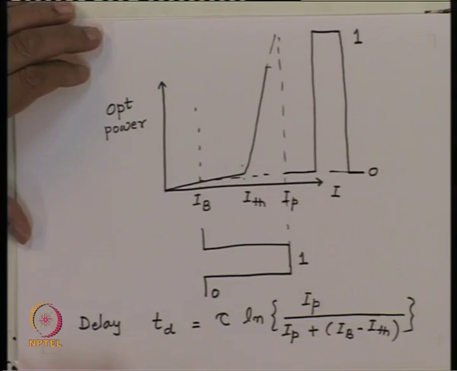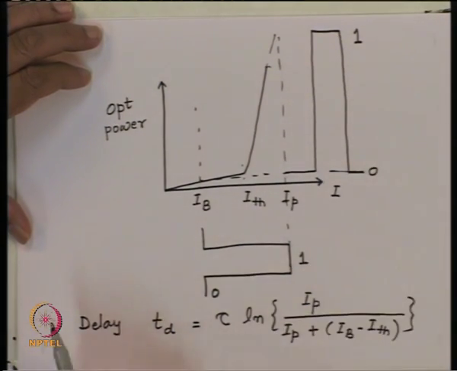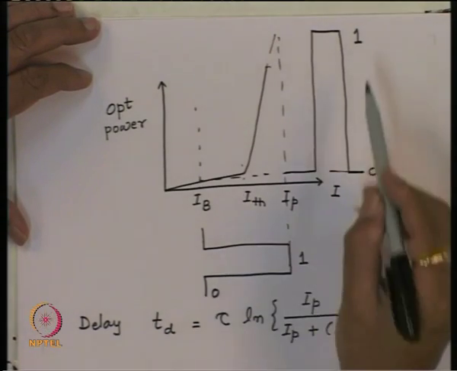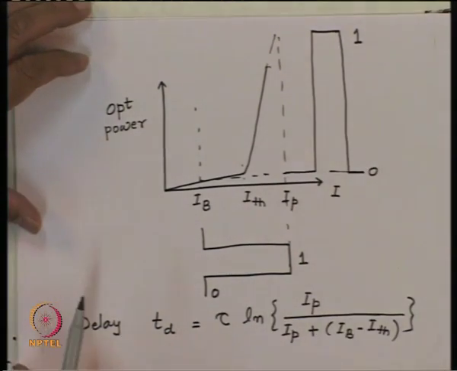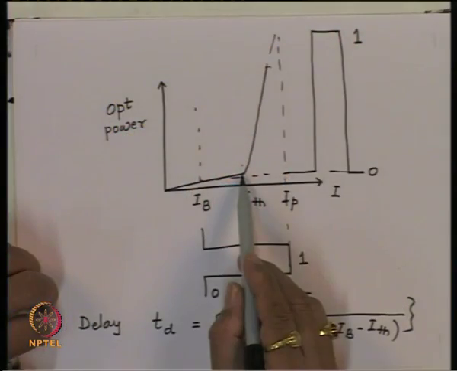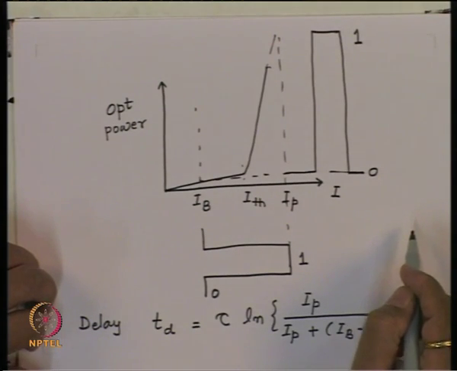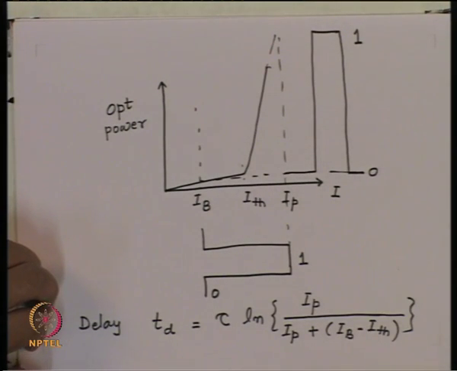Or in other words, what that means is that the extinction ratio, which is the ratio of the 1 level to 0 level, becomes smaller, and later on we will see when we go for the calculation of the errors, this will create certain problems. So, biasing the laser at the threshold current will reduce the extinction ratio, which will have implications for the bit errors.